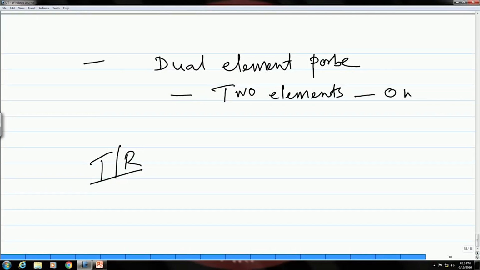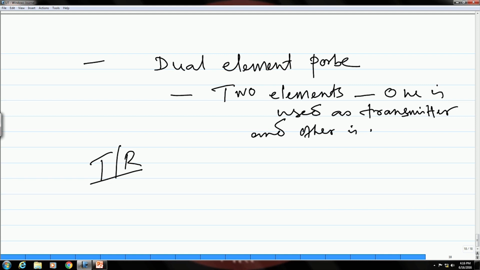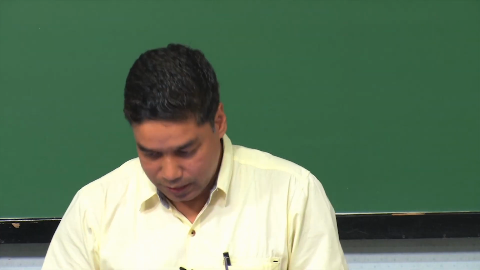One is used as a transmitter and the other is used as a receiver. Okay. So, in this case, since the same element is not transmitting and receiving, you do not have the problem that you have in a single element transducer.